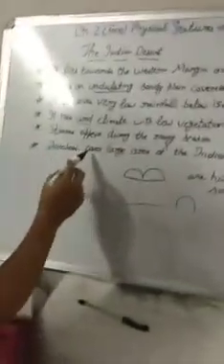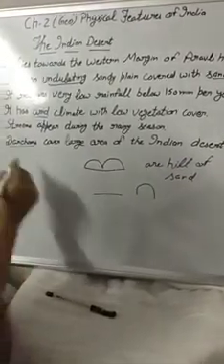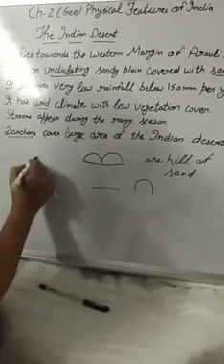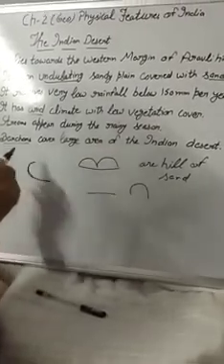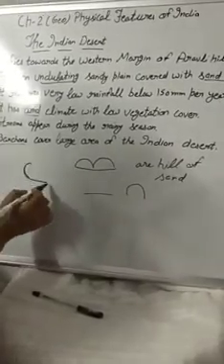The next feature of the Indian Desert is that barchans cover a large area of the desert. Barchans are crescent moon shaped dunes. After the new moon, when the moon appears, that is known as a crescent moon.